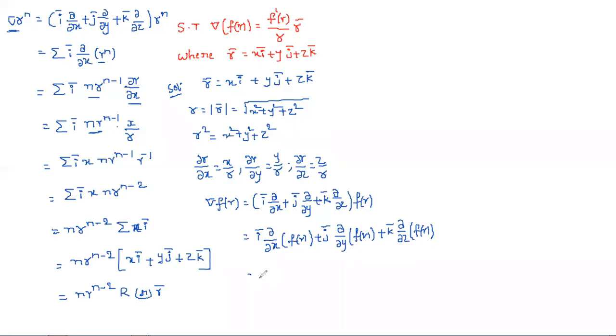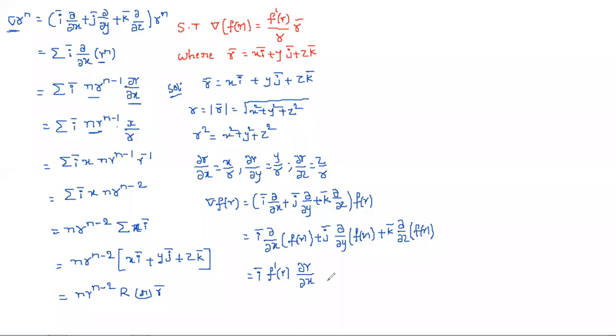So this is equal to I into, first we need to apply the derivative for the function. It is not only r, here it is a function in terms of r, so simply it is a chain rule. So f dash of r into the r derivative, dou r by dou x. It means we are applying the chain rule, dou f by dou r into dou r by dou x.